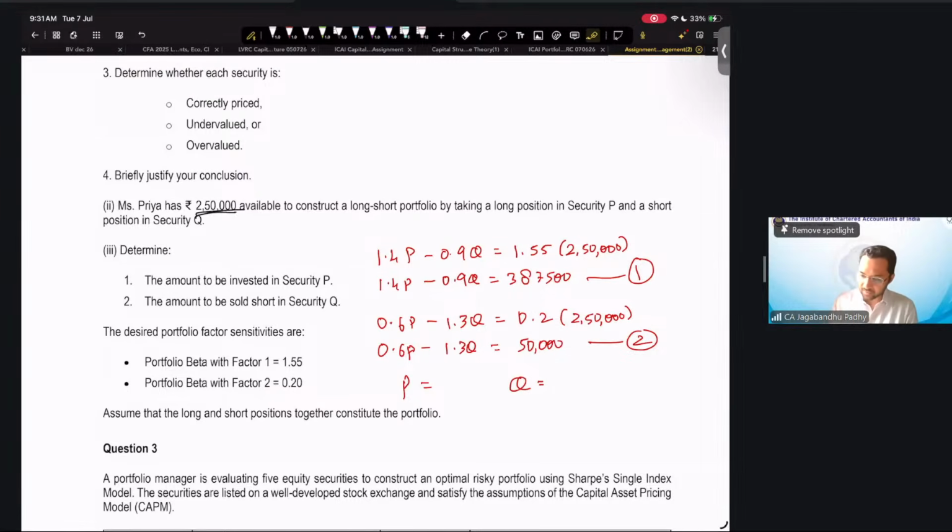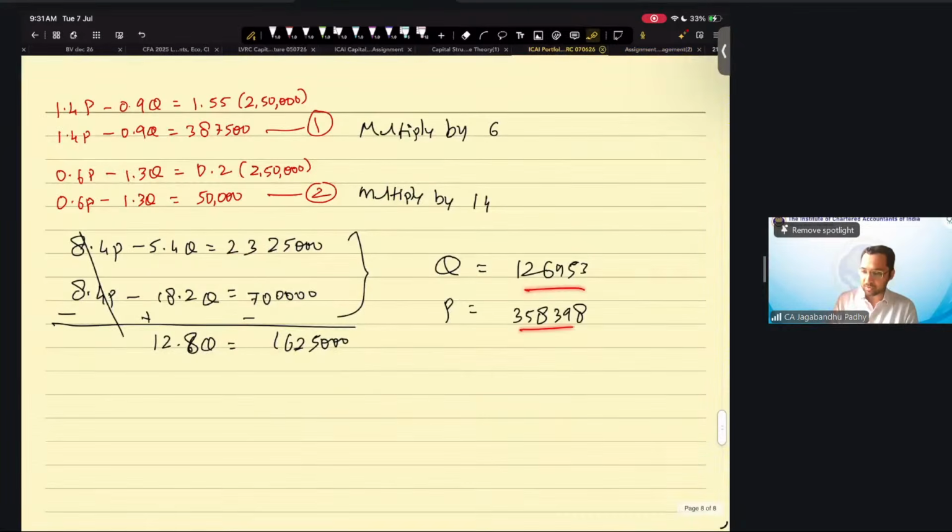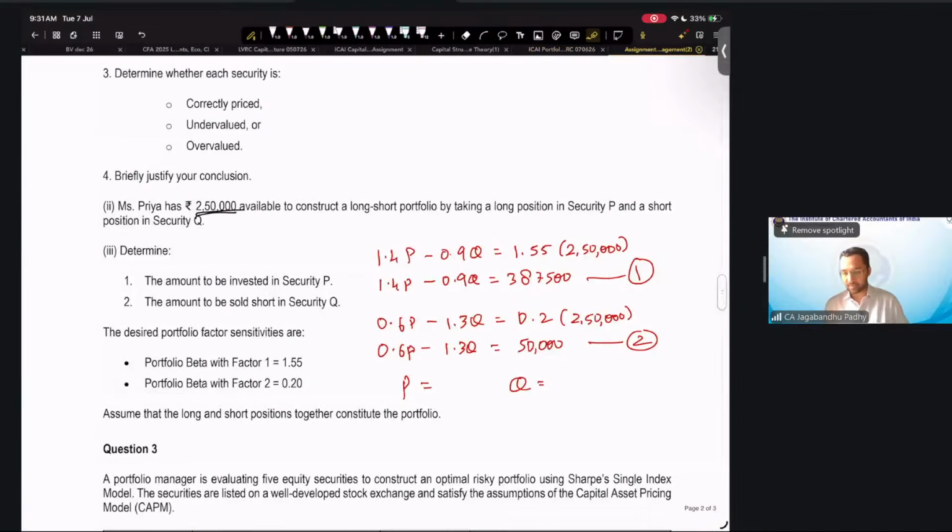These two numbers are not consistent with the total investment that needs to be made, and that is exactly the shortcoming of this arbitrage pricing theory model. This APT model is not going to be exactly accurate, and it may fail sometimes to create a portfolio for the targeted values of the beta.